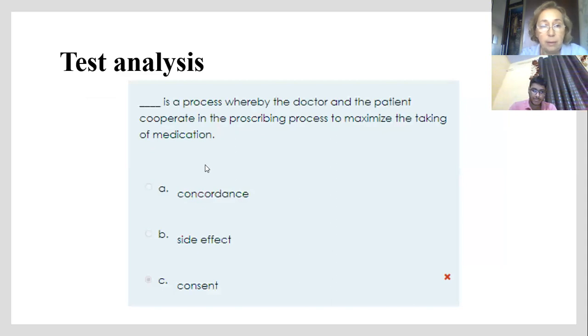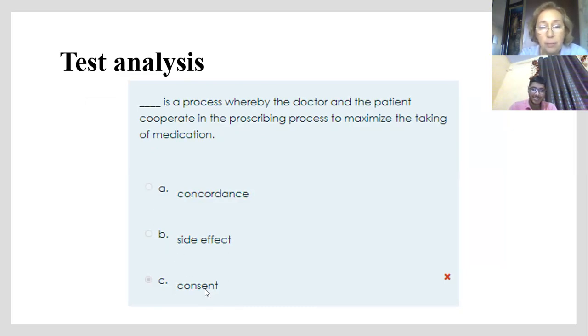As for the next question, this is the definition of one of the words here, concordance. It says that it's a process whereby the doctor and the patient cooperate in the prescribing process to maximize the taking of medication.